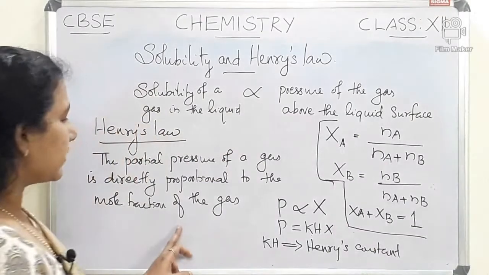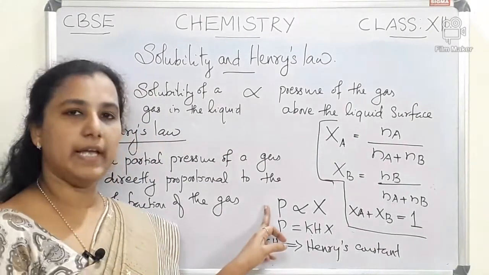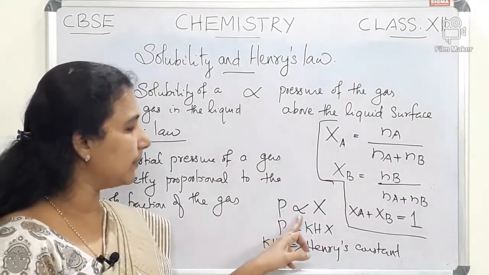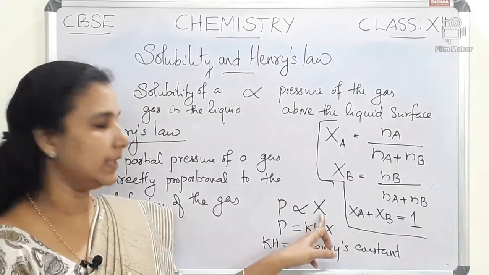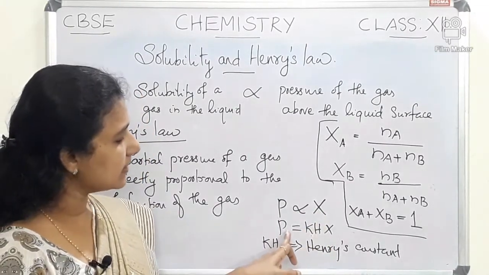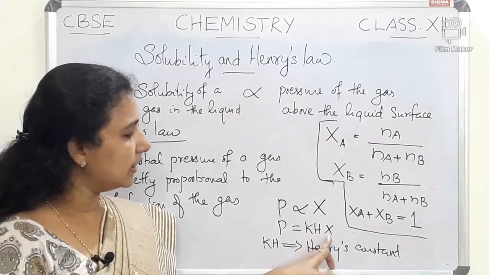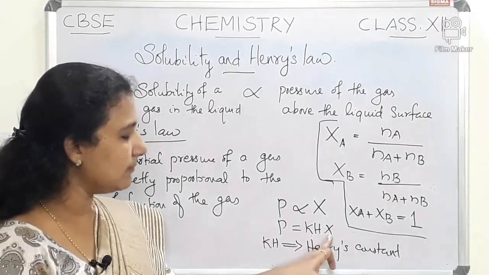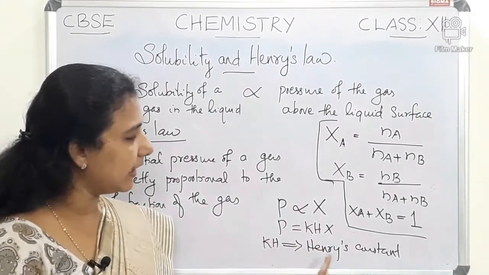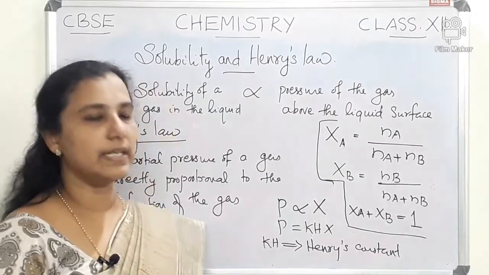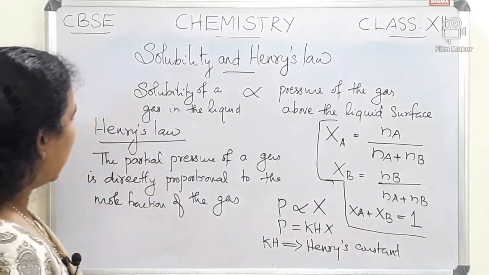So this is Henry's law. That means the pressure of a gas is directly proportional to the mole fraction of that gas. So the pressure of a gas is equal to Kh into X. X is the mole fraction and Kh is Henry's law constant or Henry's constant. So this is Henry's law.